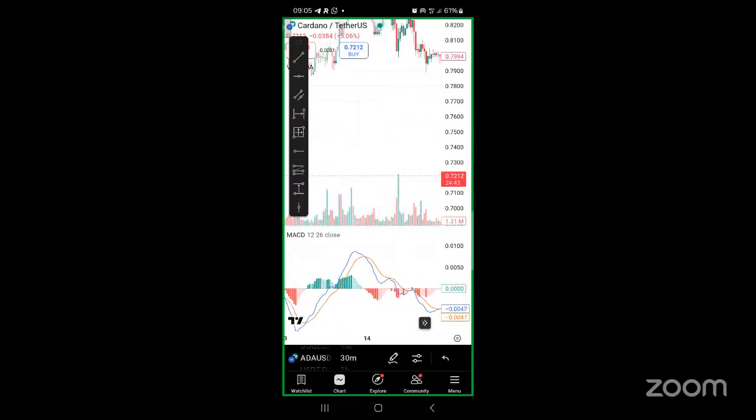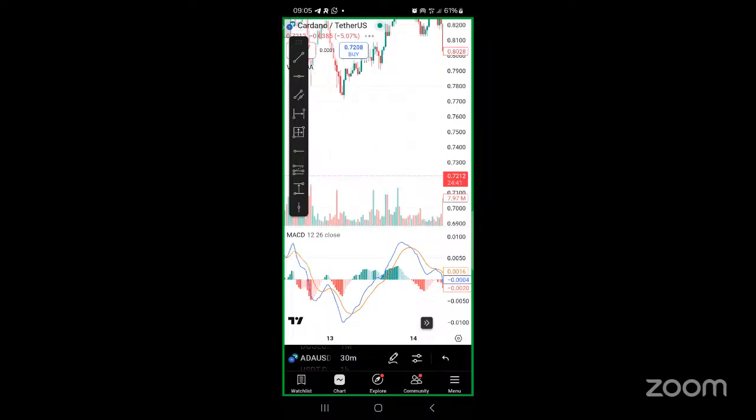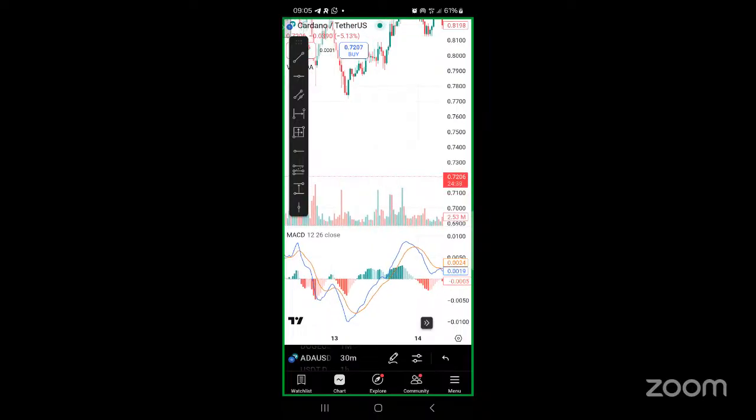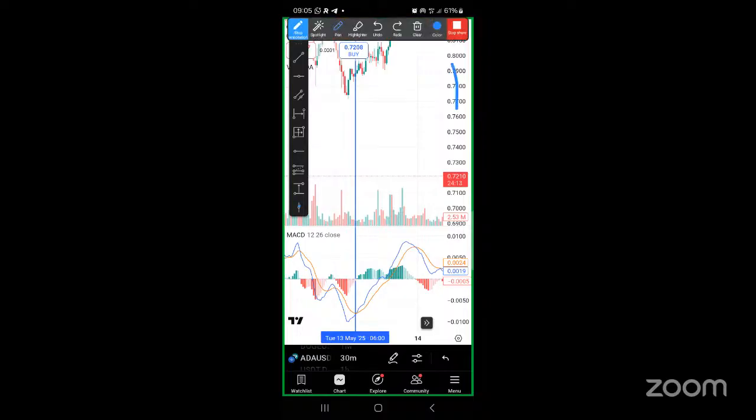When we go back and back, we see it happening again here. So those of you who want to take perfect entries in the market, we saw the golden cross happening here. Let's go to our chart.